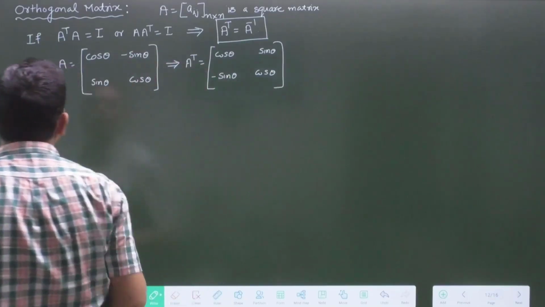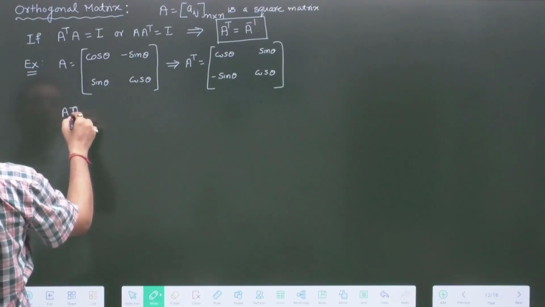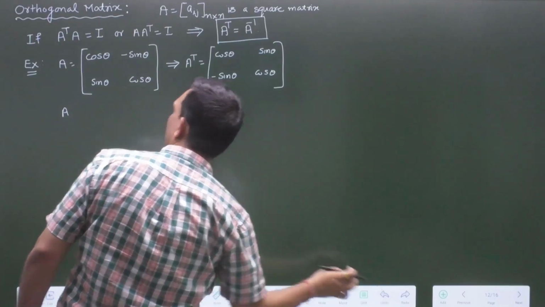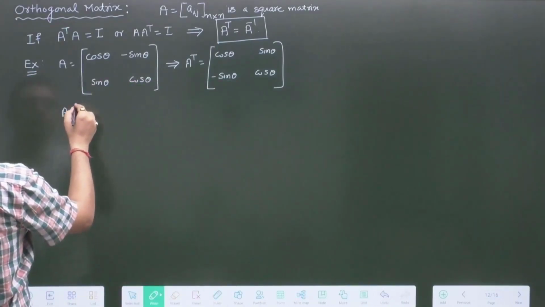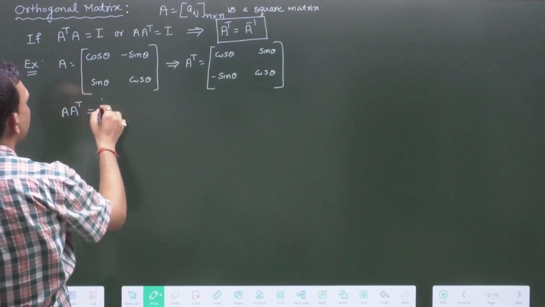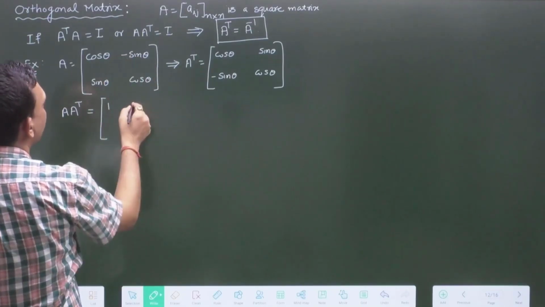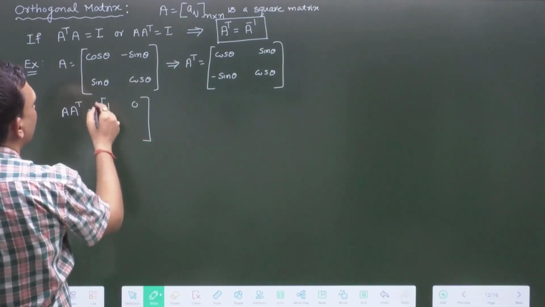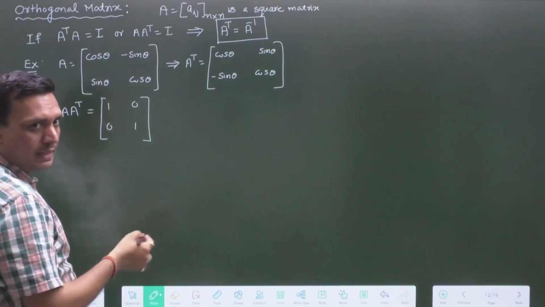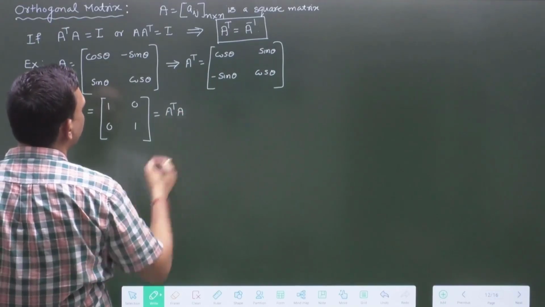Now check this condition, A transpose A. This will be row by column. So cos square theta plus sin square theta, that will be 1. This is cos theta sin theta minus cos theta sin theta, so this will be 0. Then you have row by column. This is also 0 and this will be 1. So that is the identity matrix.